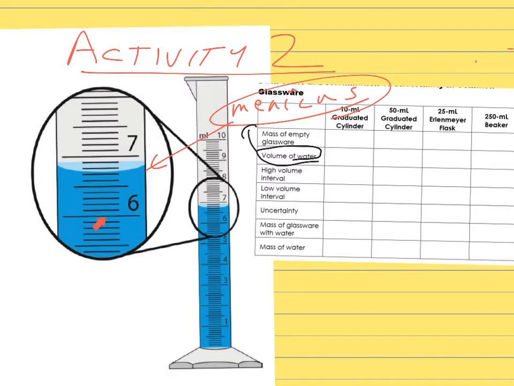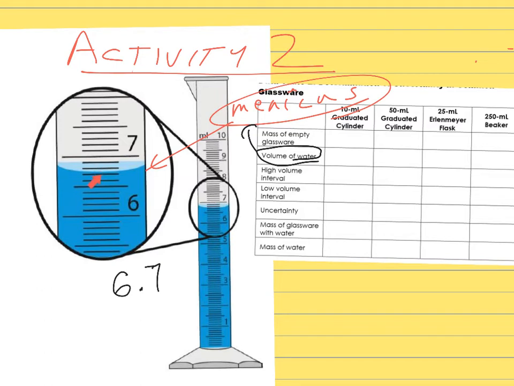And you'd go, okay, it's at least 6 milliliters, 6.1, 6.2, 6.3, 6.4, 6.5, 6.6, 6.7. So we know it's at least 6.7. Then it is considered good and proper form to estimate the tenth. Now this is where I disagree with your authors.